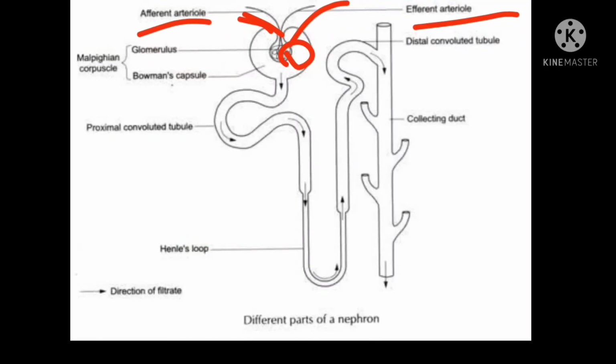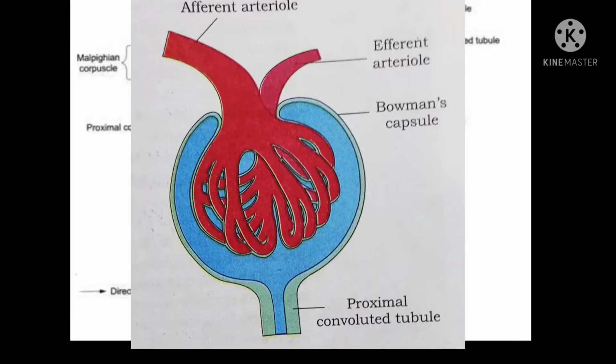Now, the functions of various parts of the nephron. This is Malpighian corpuscle, and Malpighian corpuscle does the function of ultrafiltration or glomerular filtration. Three membranes are there: the membrane of the arteriole, that is the endothelial membrane, the membrane of the Bowman's capsule, and the basement membrane.